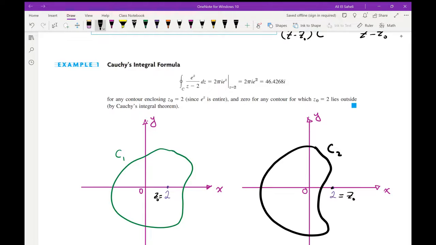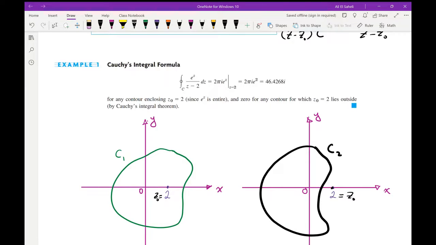Okay, because using the theorem, as you recall, this contour can be reduced to a point.